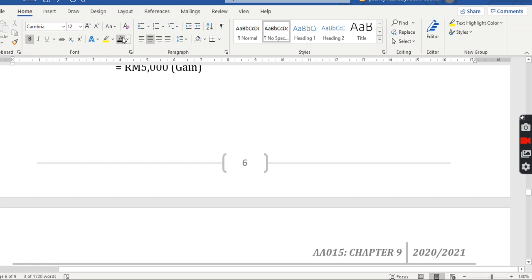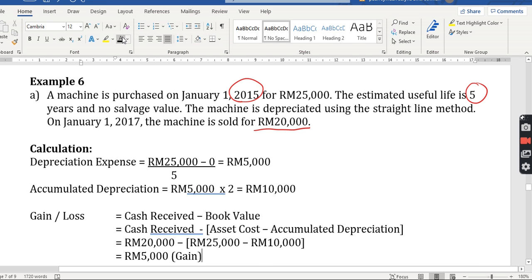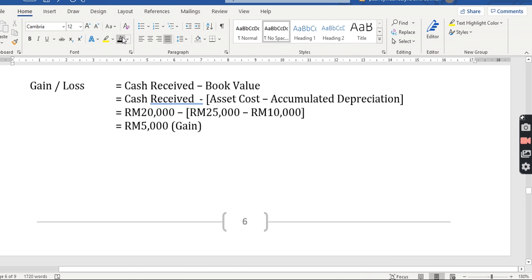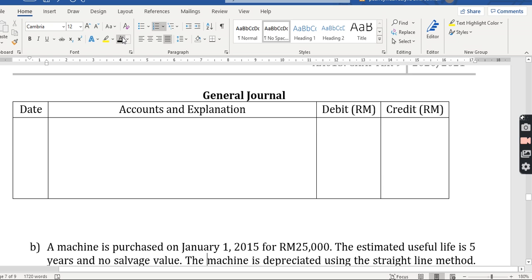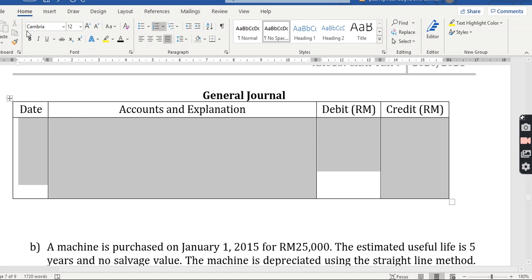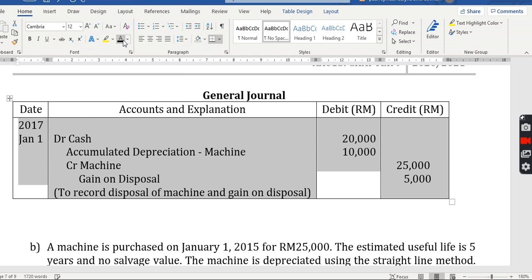How do we record the transaction? Since the selling of the asset is on the 1st of January 2017, we need to record the journal on the 1st of January 2017. Sorry.